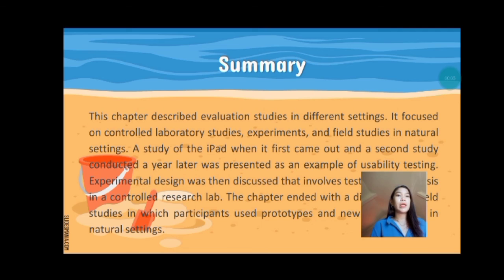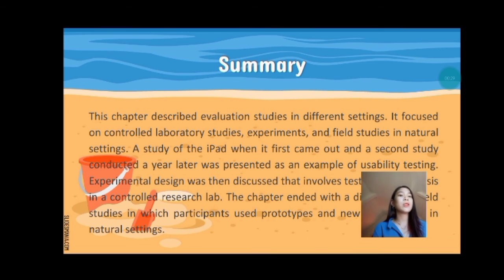So, summary. This chapter described evaluation studies in different settings. It focused on controlled laboratory studies, experiments, and field studies in natural settings. A study of the iPad when it first came out and a second study conducted a year later was presented as an example of usability testing.